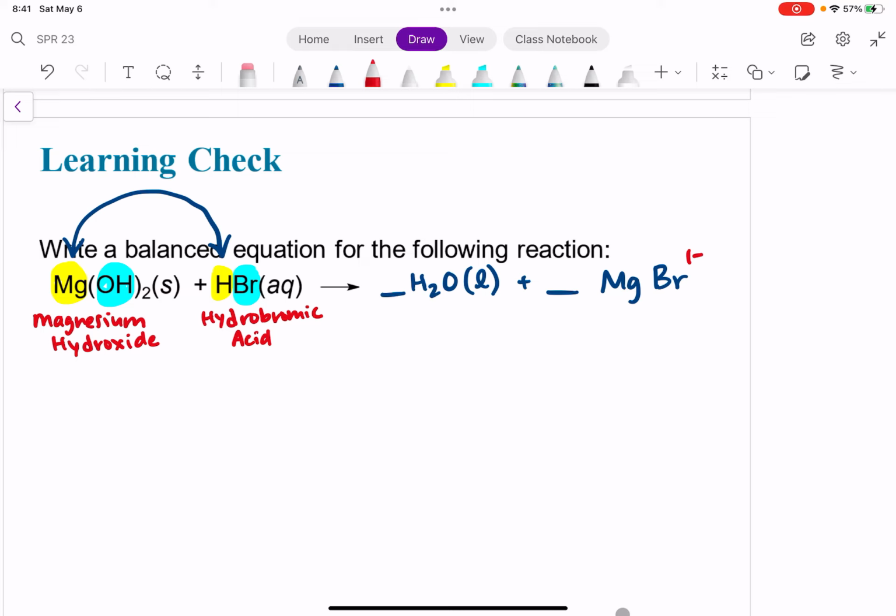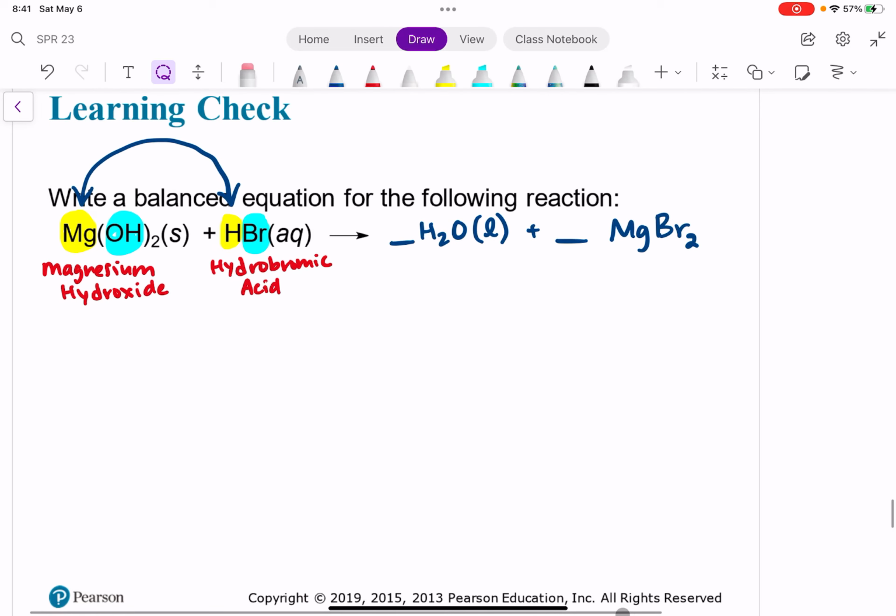What about magnesium? 2+. So how many bromines do I need to balance out that magnesium? I need one more bromine, for a total of 2. The reason for that is that if I have 2 positives on that magnesium, I need 2 negatives from the bromine. Let me just scoot this a little closer because it's kind of far. There we go. So that is our formula, MgBr2.